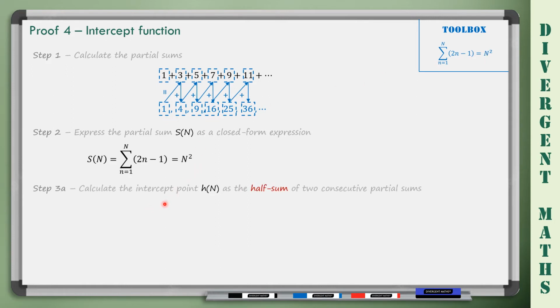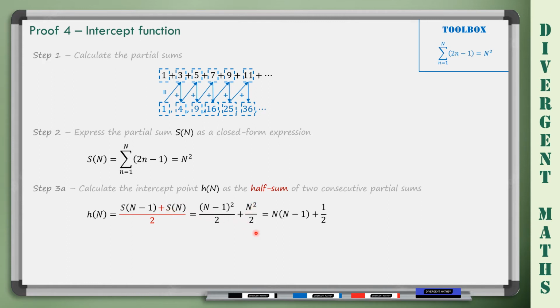Then step 2, we calculate the intercept point, h of N, h for intercept, as a half sum of two consecutive partial sums. So h of N is the arithmetic average of the partial sum at N minus 1 plus the partial sum at N. So half of the partial sum at N minus 1 is of course (N minus 1) squared over 2, plus half of the partial sum at N, which is N squared over 2.